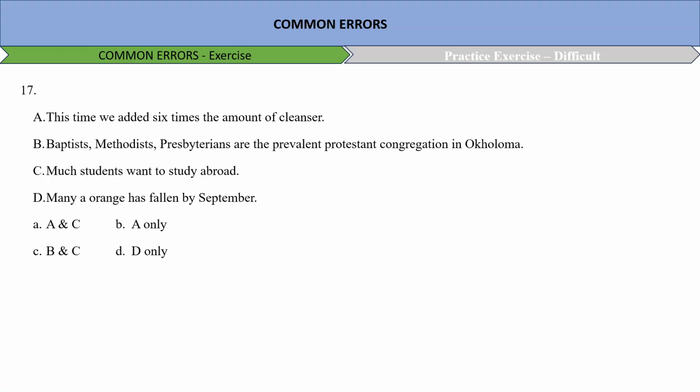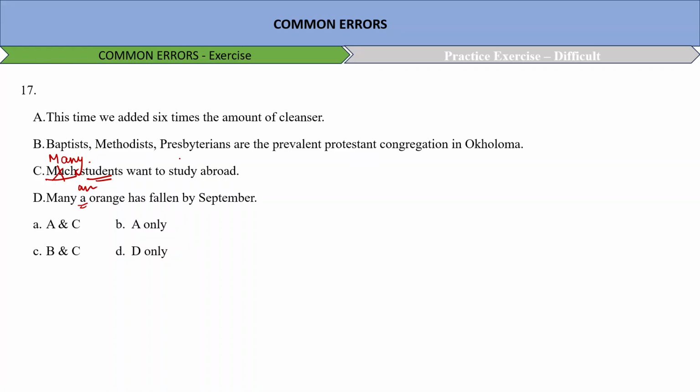First of all, many should be placed in place of much. Not much students. Not adverb of quantity, adverb of number. Many students and many an orange. Not a orange. It should be an orange, right?